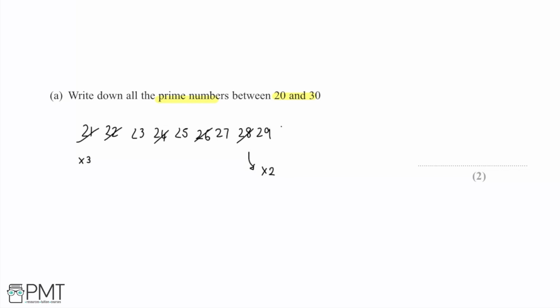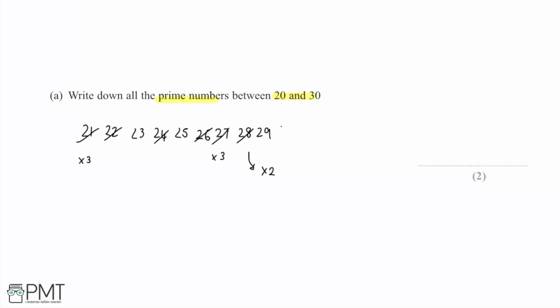Similarly, counting up again, 24 is also a multiple of 3, but we've already crossed that off as a multiple of 2, so we know that that's not prime anyway. And going up again, 27 is also a multiple of 3, so we can cross that one off as well.